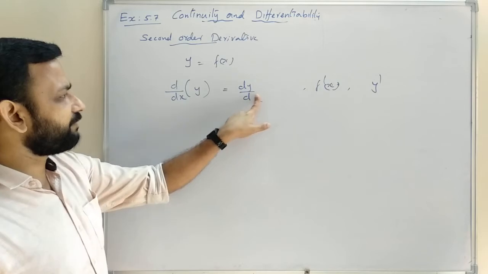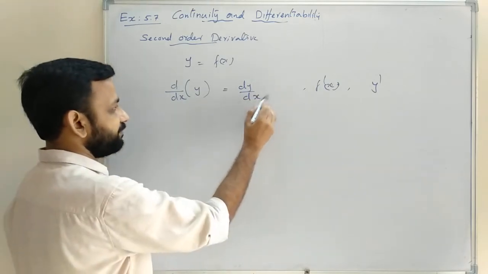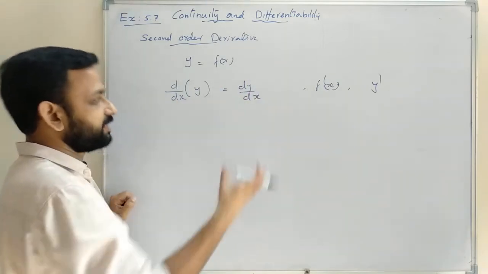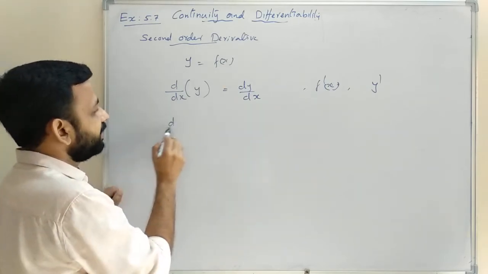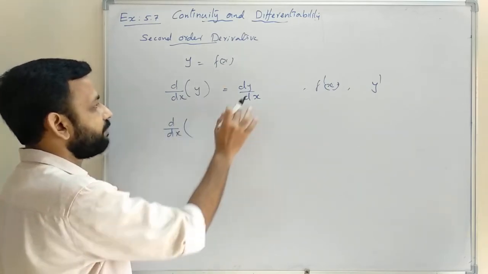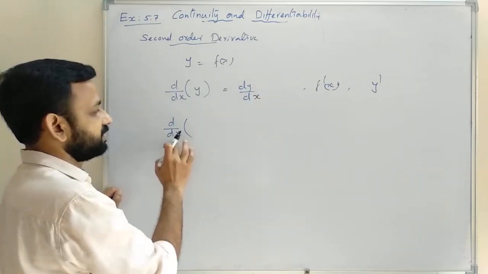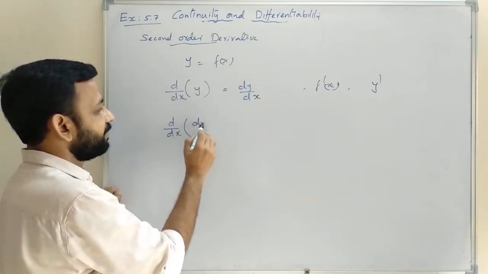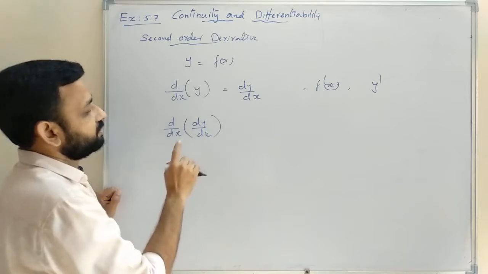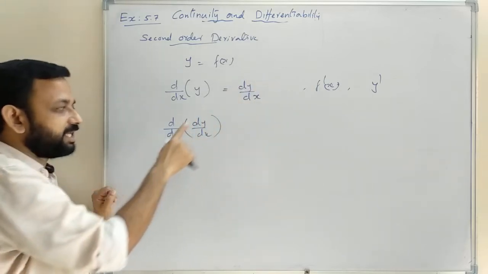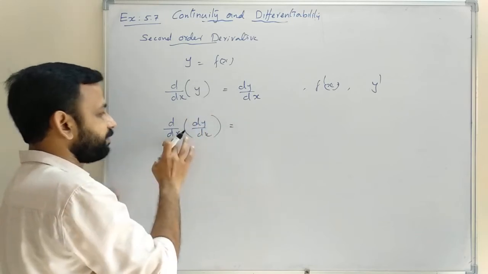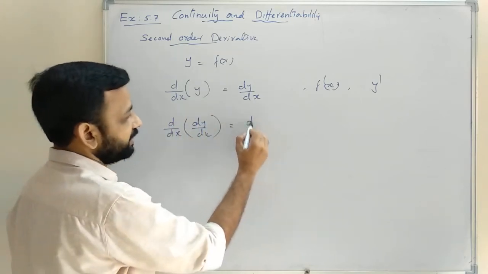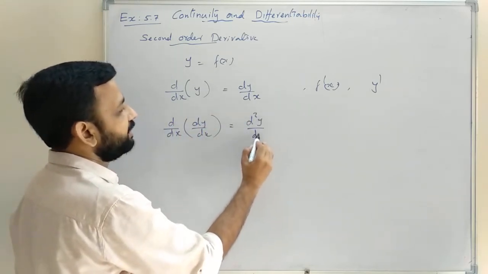And if dy by dx is differentiable, then we can differentiate it again. That is the derivative of dy by dx, differentiated with respect to x. When we differentiate dy by dx with respect to x, we get d square y by dx square.